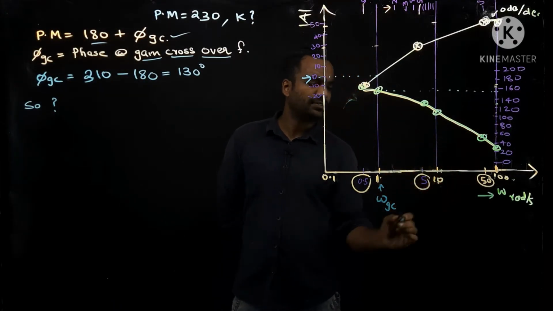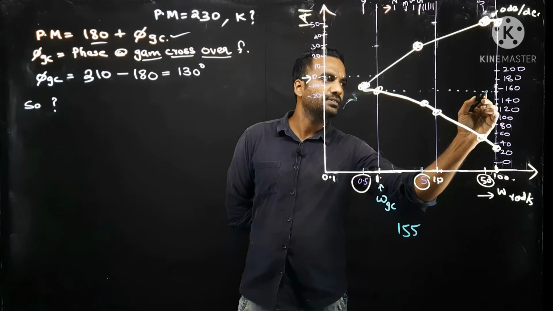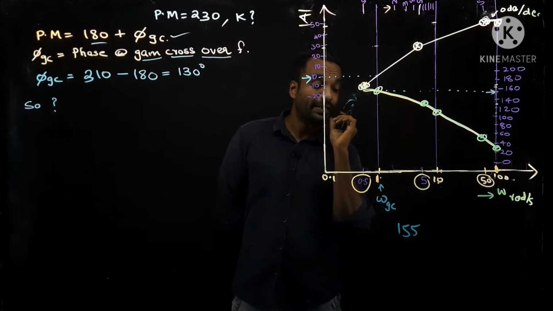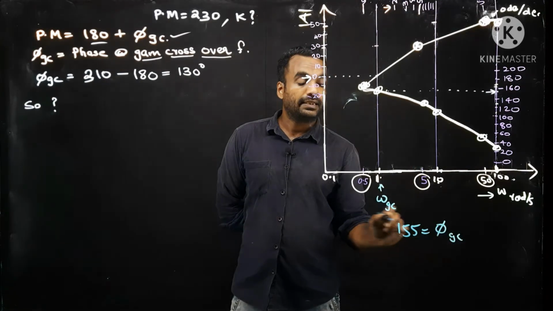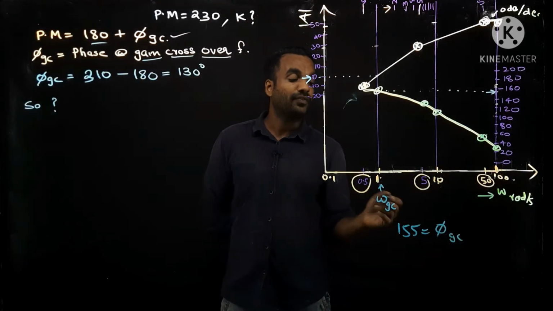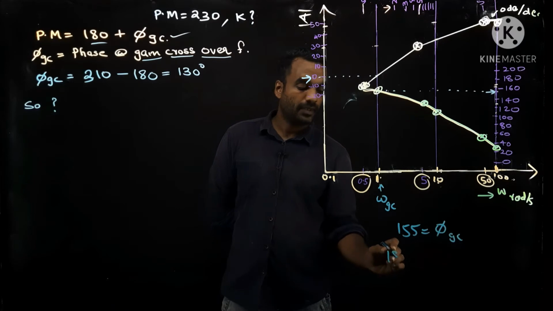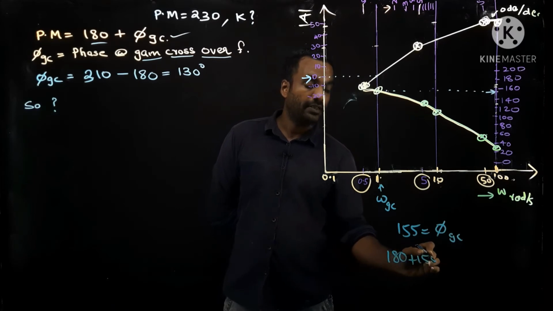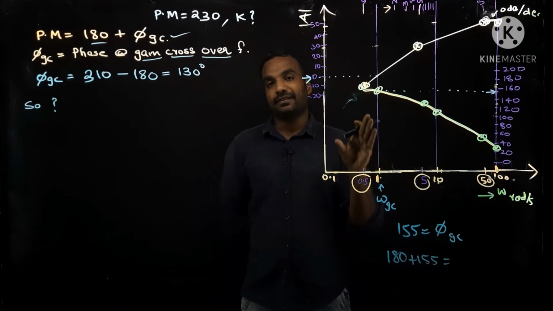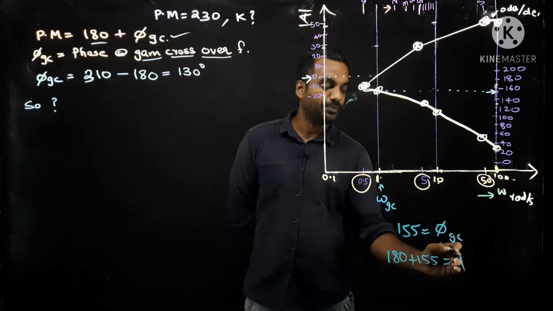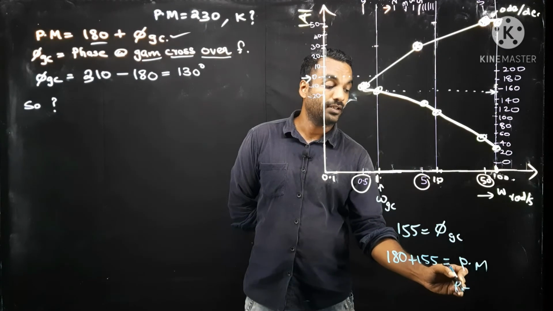This angle is 155. That angle is actually phase for gain crossover. That should be added with 180. 180 plus 155. This is the present value of phase margin for k is equal to 1.